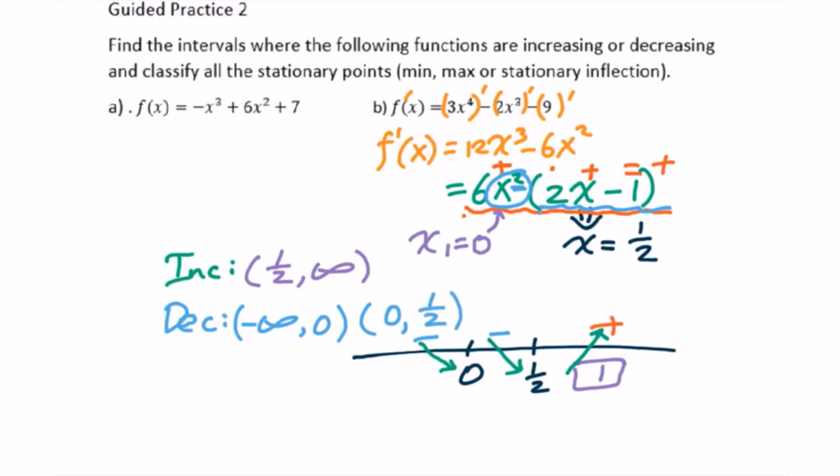For this 0, it will be a stationary inflection point. This 1 half, you could see going down then going up. Definitely that's a minimum point.